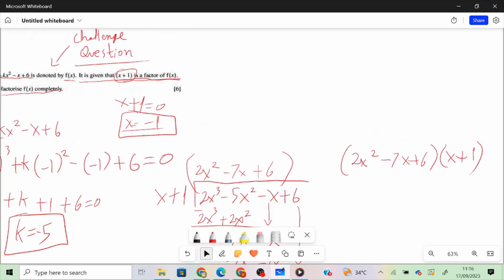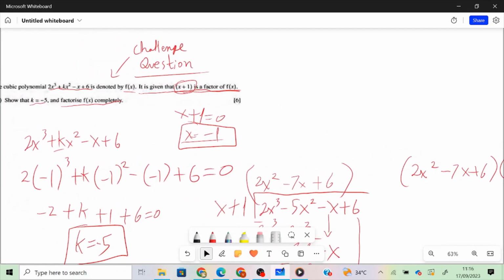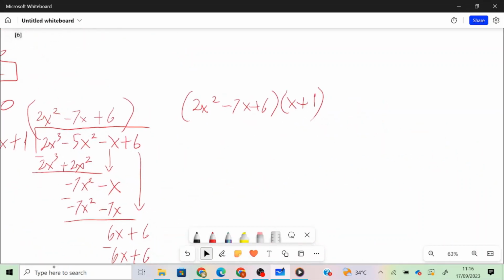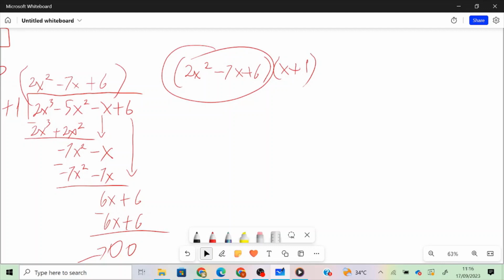But the question said, if you pay attention, factorize f of x completely. If you leave it like this, you may not get all your marks. So now what we have to do is break down this quadratic into its two separate linear expressions. So doing that, we now have something like this: 2x squared minus 3x minus 4x, those are two factors, plus 3, into x plus 1.